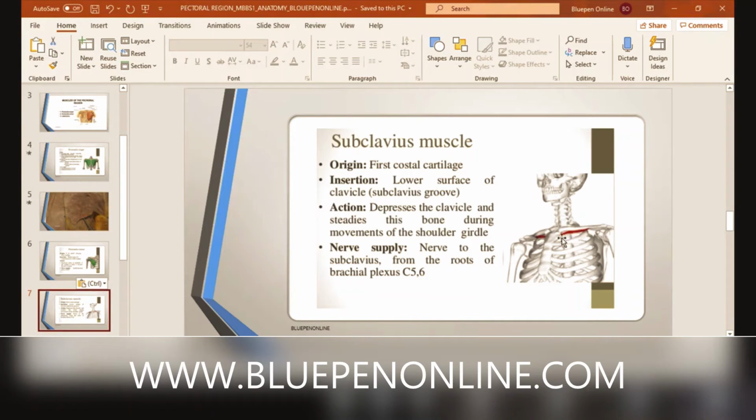Sandhya is there? Yes, ma'am. Subclavius muscle, right? The subclavius muscle takes origin from the first costal cartilage. What is the insertion? In the subclavius groove, that is on the lower surface of the clavicle. Very good. What is the action of subclavius muscle?